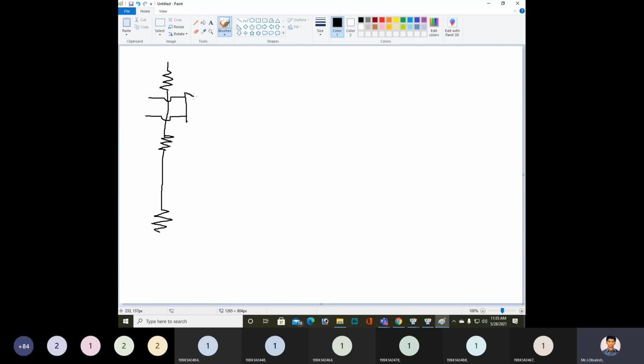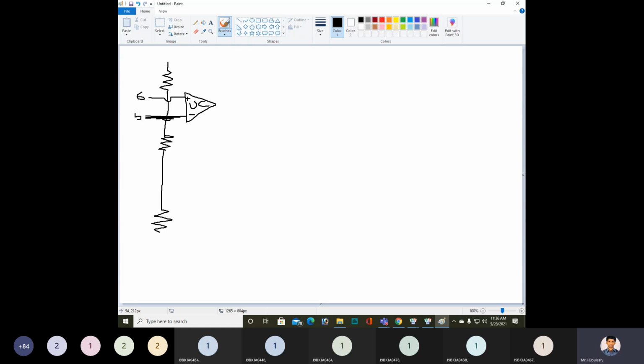This is the upper comparator, UC. This is the positive terminal. This is the negative terminal. We have contact here. Okay. This is the 6th pin.